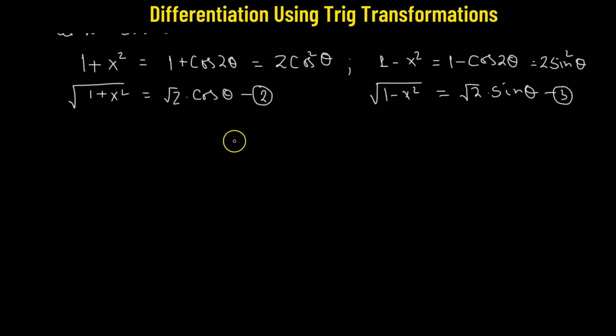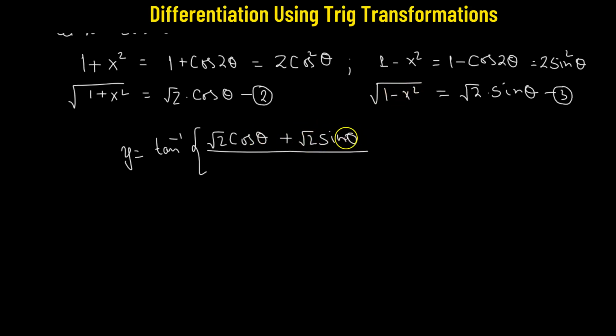So now equation 1 will become y equals tangent inverse of, in the numerator, square root of 1 plus x squared, so that becomes square root of 2 times cosine of theta, plus square root of 1 minus x squared, so that will be square root of 2 times sine theta, divided by square root of 2 times cosine theta minus square root of 2 times sine theta.